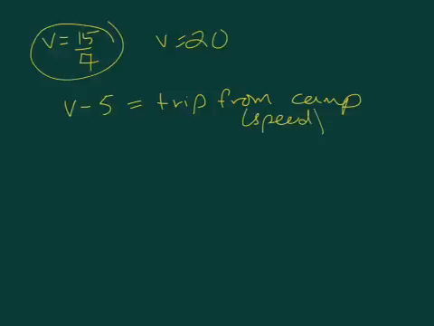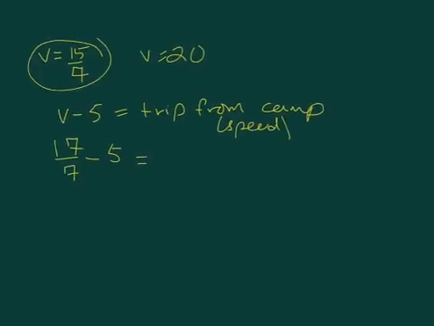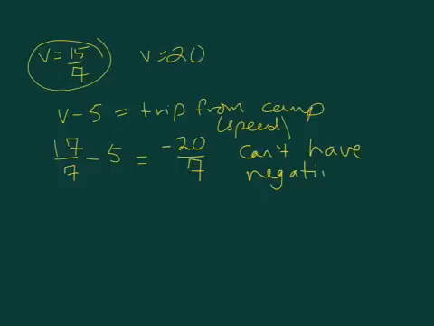If we plug in 15 over 7 for v here, and solve to figure out how fast the driver was going on the way home, this gives us negative 20 over 7. Can't have a negative speed. So this solution doesn't work. It gives us an extraneous solution.